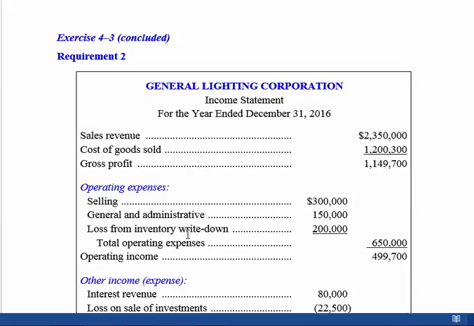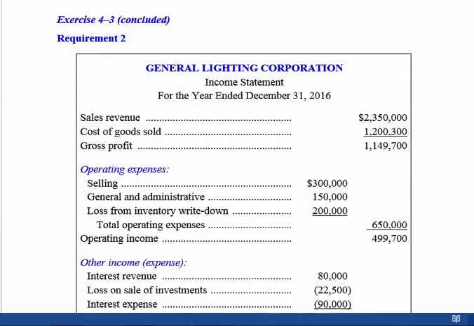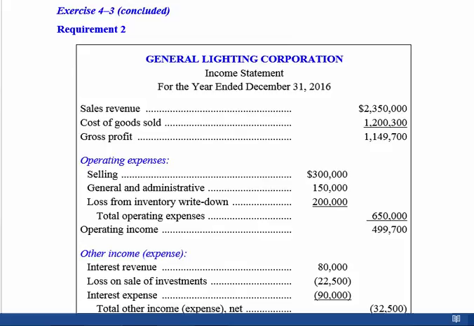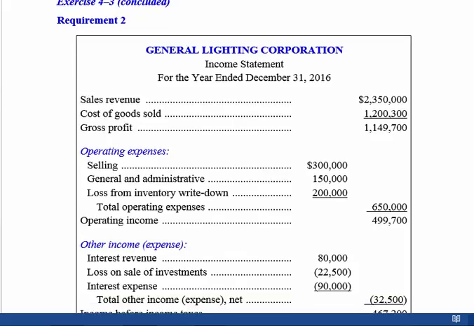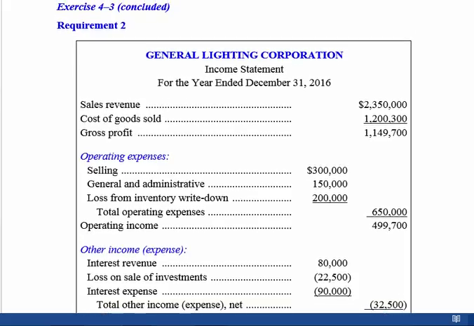They're in the business of selling inventory, not in the business of selling investments. Our interest expense would be included here as well. And then we're going to net those items together. Of course, interest expense and the loss would be deductions. Interest revenue would be an increasing item. So we get total other income and expense at the net amount. Well, that just means we've netted them together.